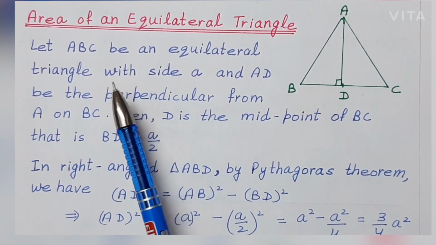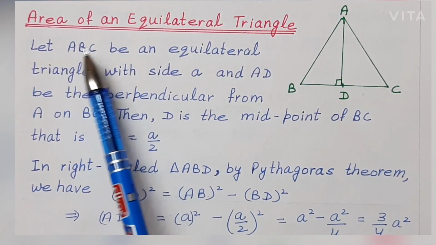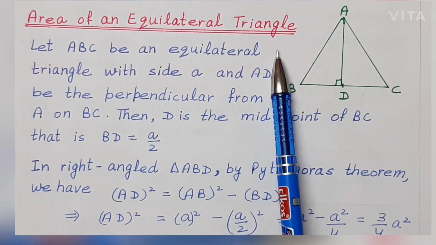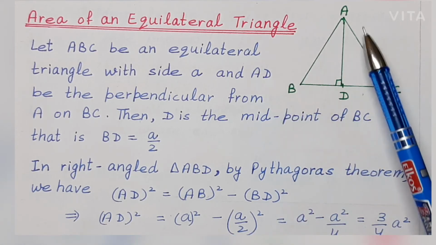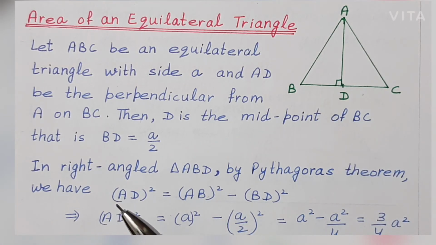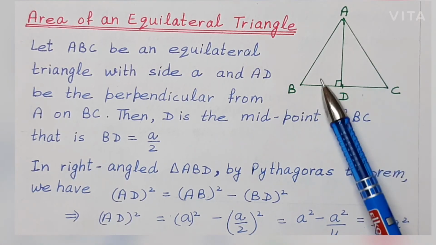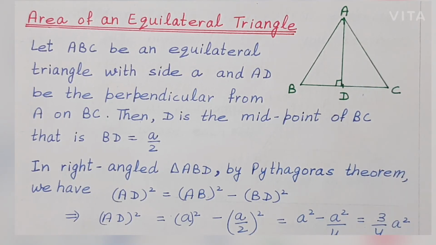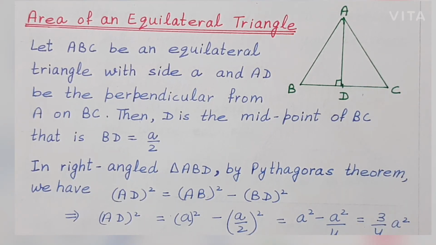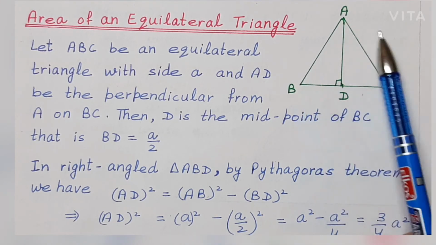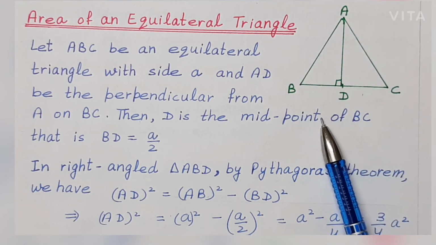Now students, let us discuss area of an equilateral triangle. You know what is an equilateral triangle? Yes, when all the three sides are of equal length, that is AB is equal to BC is equal to AC. Clear? Now here let us assume the equal sides as a.